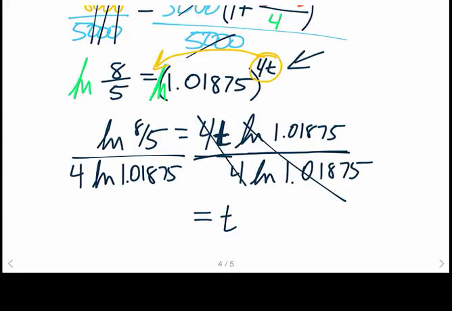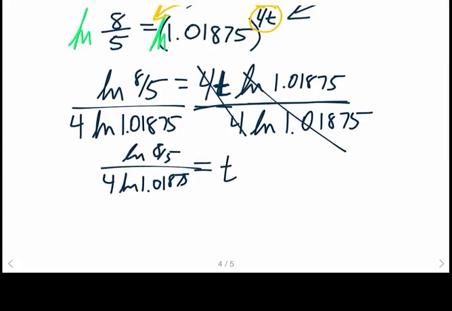On the left-hand side, I have something that I'm going to put into my calculator, but I should write down the exact answer. So t is equal to the natural log of 8/5 divided by 4 times the natural log of 1.01875. Now, as a calculator answer, I'm going to get that t is approximately 6.33 years.